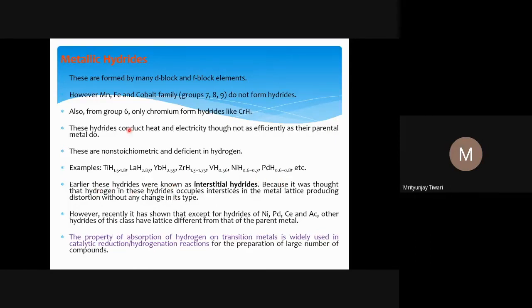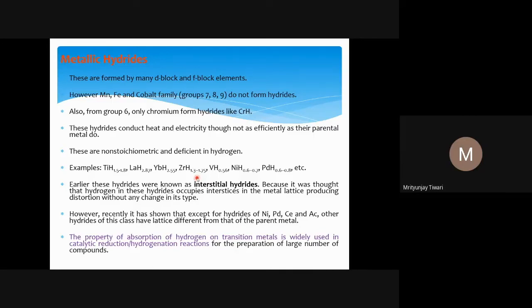Earlier, these metallic hydrides were known as interstitial hydrides. Why interstitial hydrides? Because when we look at the crystal structure of a metal, there will be certain voids. Those are called interstitial positions.